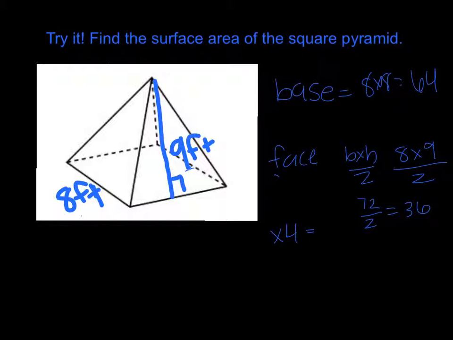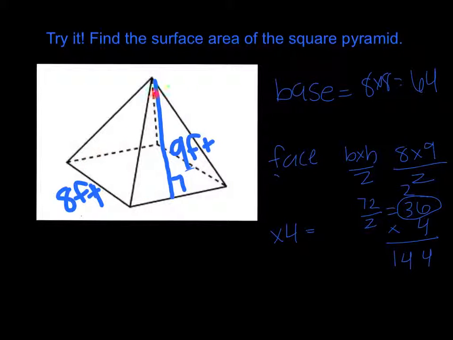Now, 36 is the area of one triangle face, and I have 4 of them. So I'm going to multiply that by 4 now. 36 times 4 gives me 144. So again, I used 36, which was the area of one face, multiplied it by 4 because I do have 4 faces, and they're all the same size.